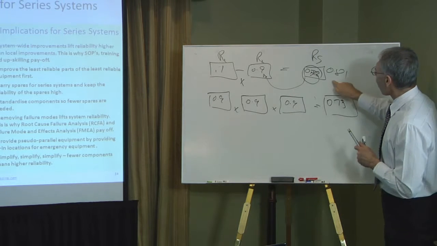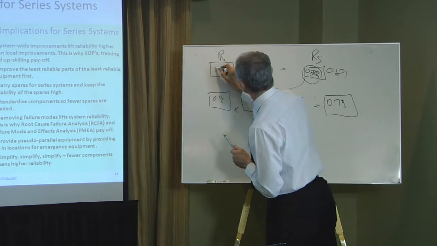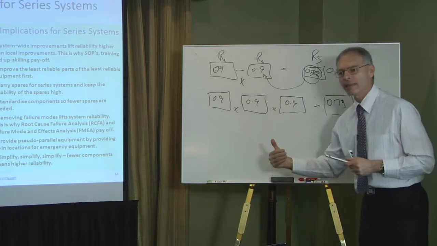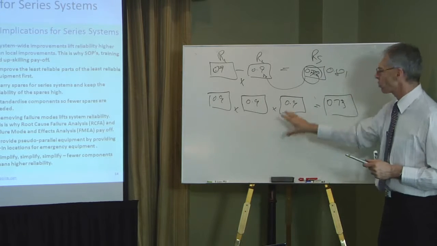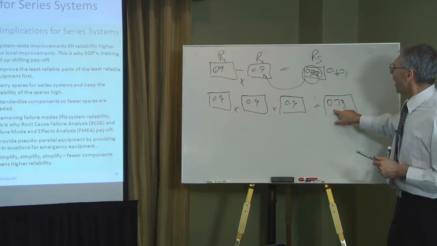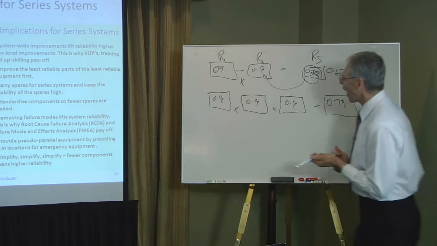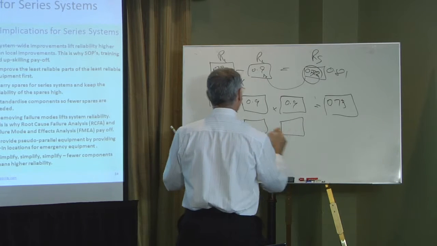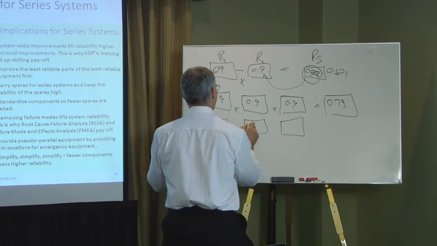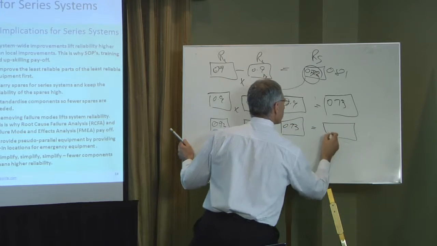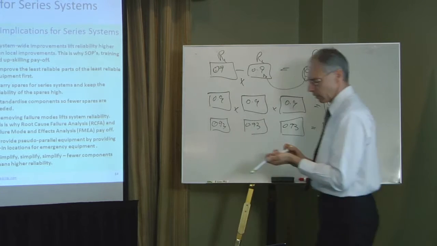It was 0.81. I've added one more thing in there, and as a system now, because all three have to work together, the system, of course, has reduced in reliability. If I want to get back to 0.81, I actually have to make all of these 0.93, 0.93, 0.93 to get back to 0.81.